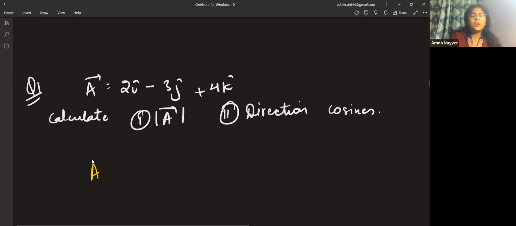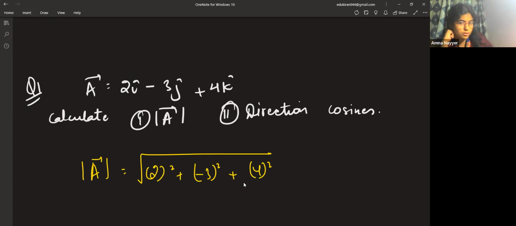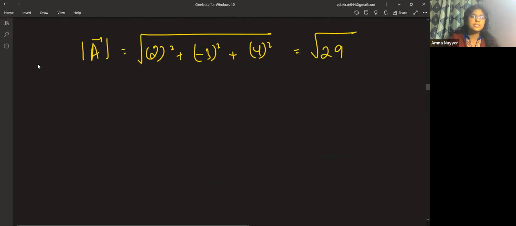See, magnitude of A. What have I told you? Whenever we have to find out the magnitudes, coefficient square plus coefficient square plus coefficient square: square of coefficient of i cap, square of coefficient of j cap, square of coefficient of k cap. So this is 16, 4, 20, 20 plus 9, 29. So that becomes root 29. This is the value. Now direction cosines. How do you write the direction cosine?